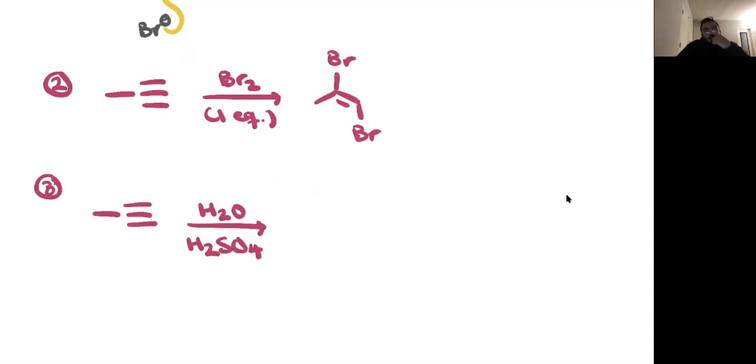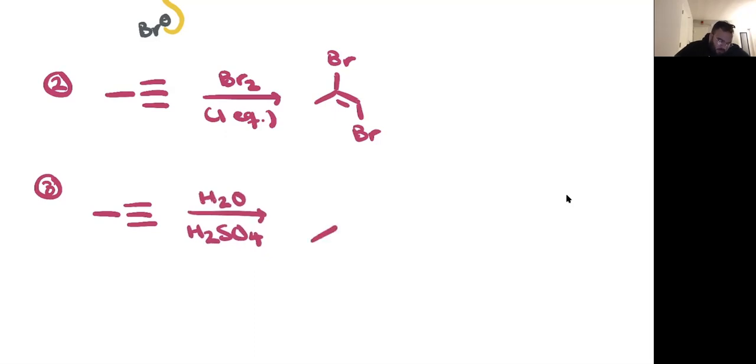Cool. So water and sulfuric acid, and I'm specifically not putting one equivalent here. You can, but to be honest, you only need one equivalent to get the reaction to occur, right? Because what's actually going to happen is that we're going to do the exact same thing we did with our bromide, where we're getting a vinyl alcohol like we see over here. Cool. So is this going to be my final product? No. Why not?